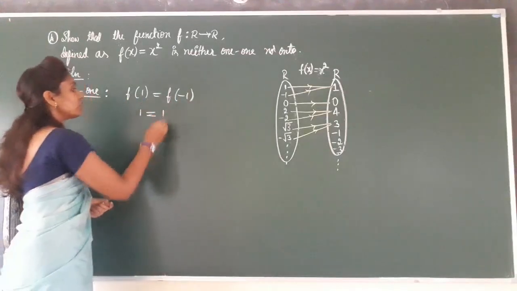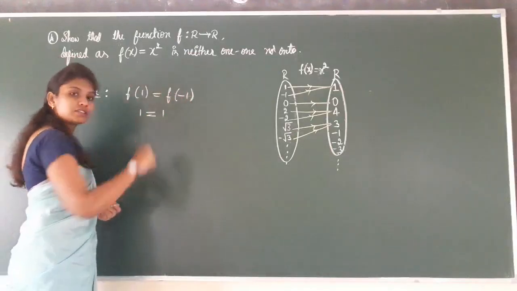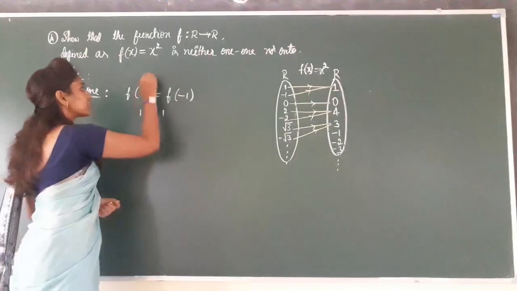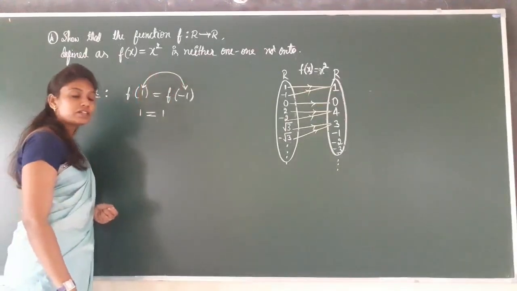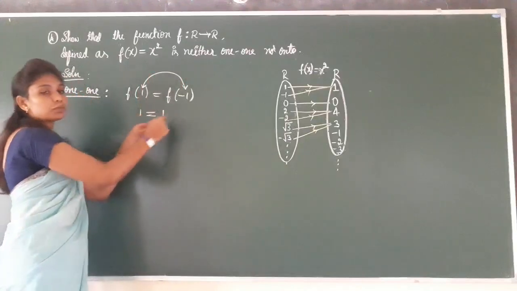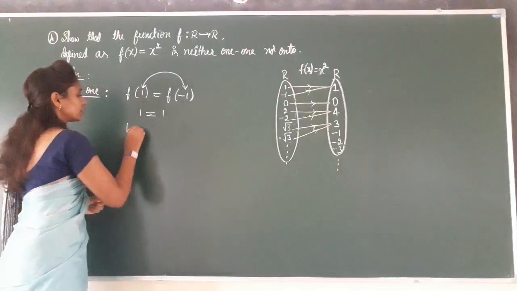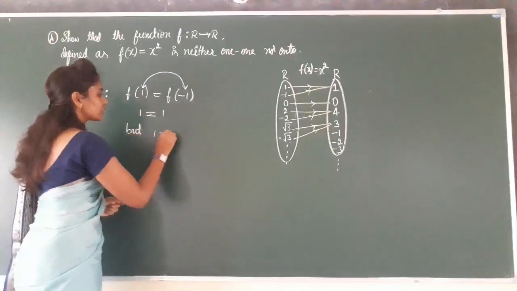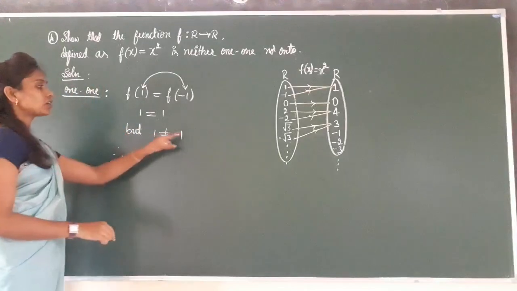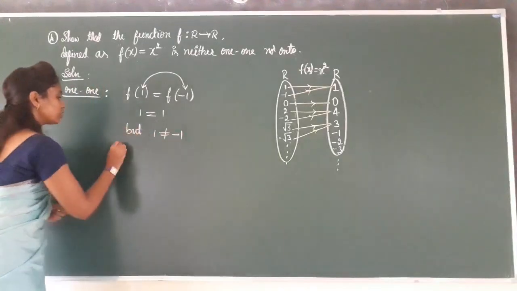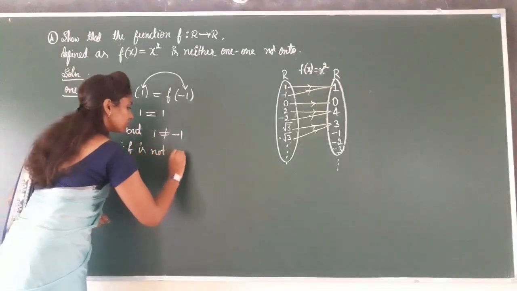But to prove 1-1, what should we have done? We should have proved that 1 is equal to minus 1, right? We should have proved that these two elements are distinct. But here we are proving they are the same. That's why this is not 1-1, because 1 is not equal to minus 1. Therefore f is not 1-1.